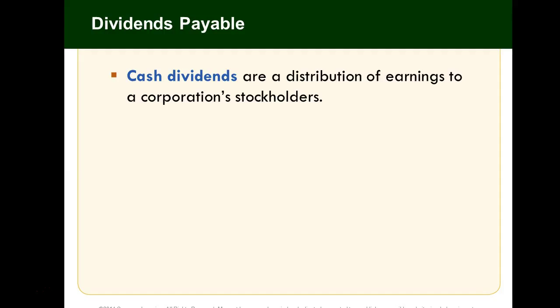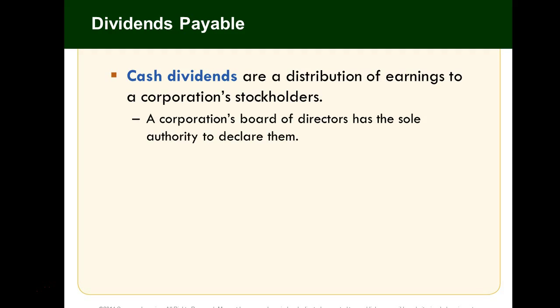The way the company pays you is by giving you dividends, giving you a share of what the company made throughout the year. Cash dividends are a distribution of earnings to the corporation's stockholders. Now, the board of directors of the corporation has the authority to declare, we are going to give dividends.